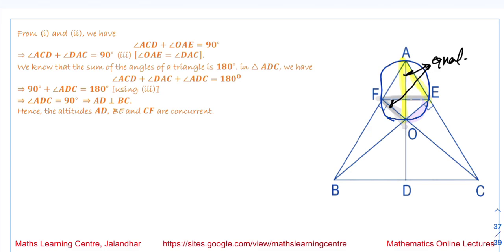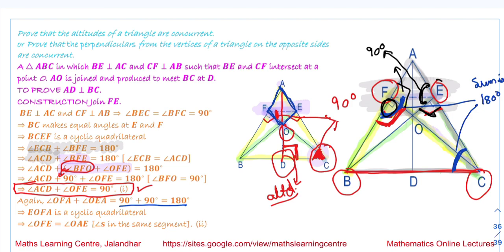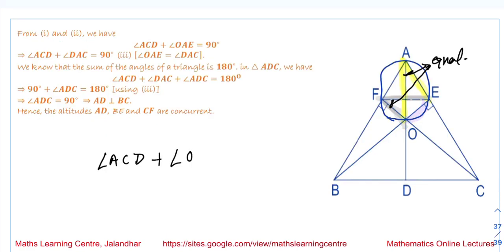Now from result 1 and result 2: result 1 is that angle ACD plus angle OFE is equal to 90 degrees, and result 2 is that angle OFE is equal to angle OAE.